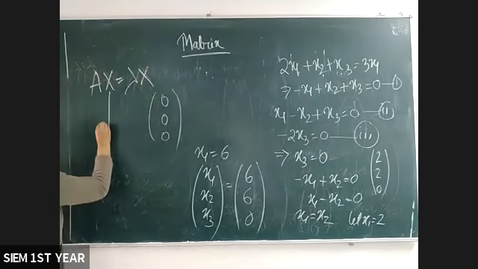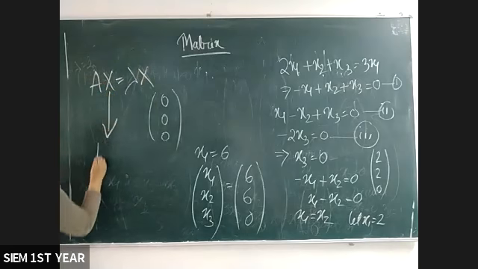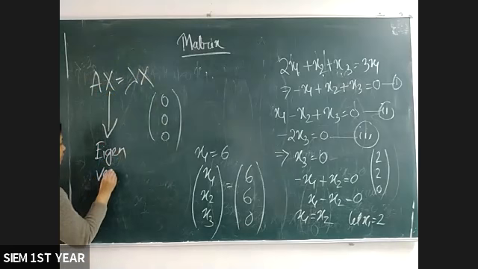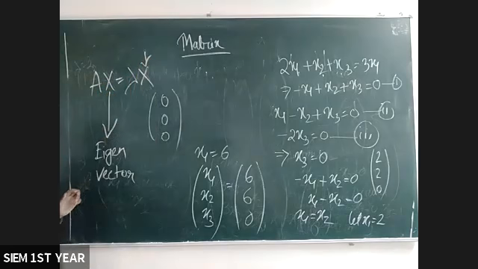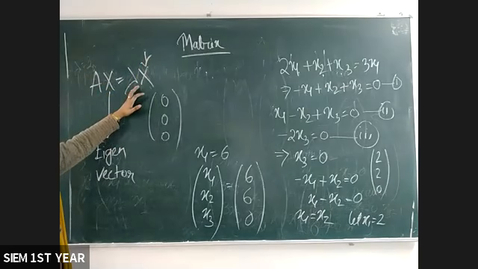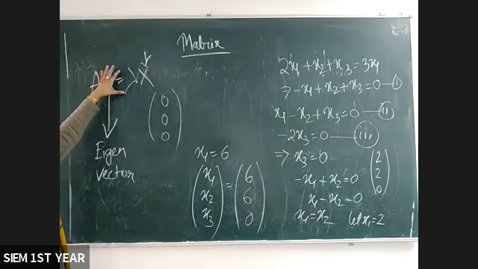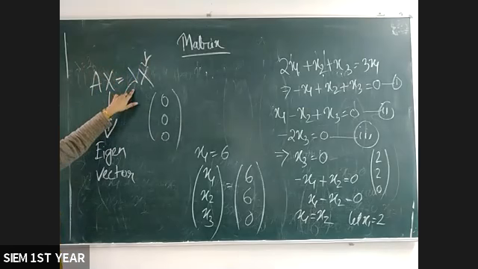This x is your eigenvector. This is also an eigenvector. This is lambda, means if you put lambda equal to 3, this is your eigenvalue. You don't need to multiply this. Okay, ma'am. Understood, ma'am. Thank you, ma'am.